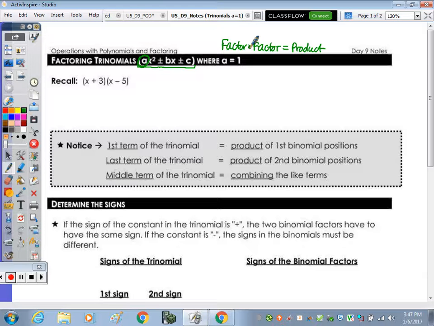So in the first question, to multiply, x times x is x squared, x times negative 5 is negative 5x. Distribute the positive 3 through. Positive 3 times x is positive 3x, and positive 3 times negative 5 is negative 15. Combining the like terms, we have x squared minus 2x minus 15.